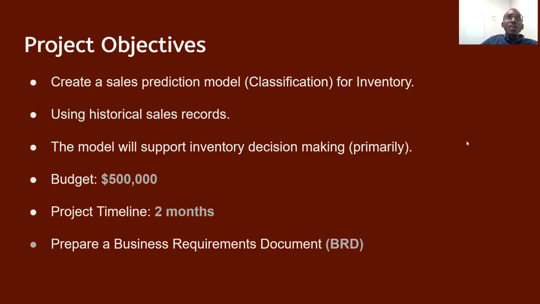Project objective. The objective of this $500,000 project is to create a classification learning model to predict the sales status of active inventory products. We expect to use historical inventory data to train, test, and score the model.